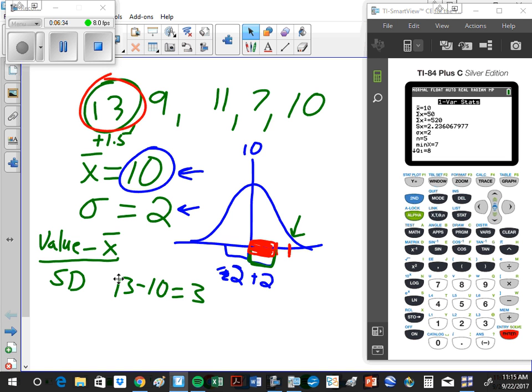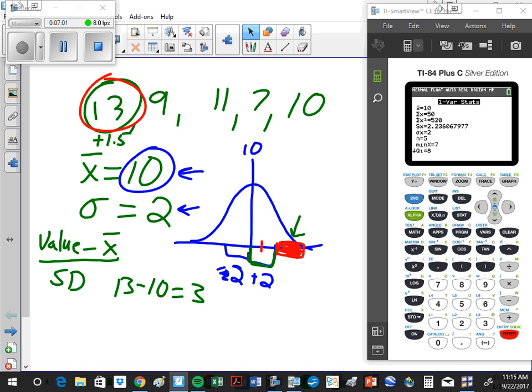How many of those rulers does it take to get to plus 3? So it'd be 1 ruler there and half there. And it's plus 1.5 because we're on the right. If we were on the left, it would be minus 1.5. Okay? And I'm glad you asked, because you absolutely have to understand this. If you get lost later, it's because you don't get this.